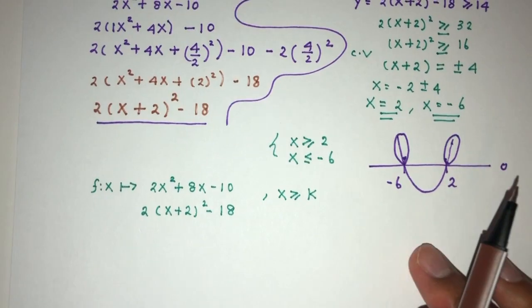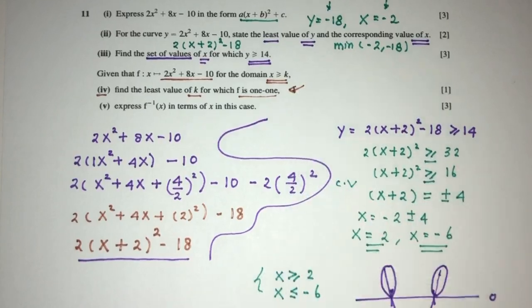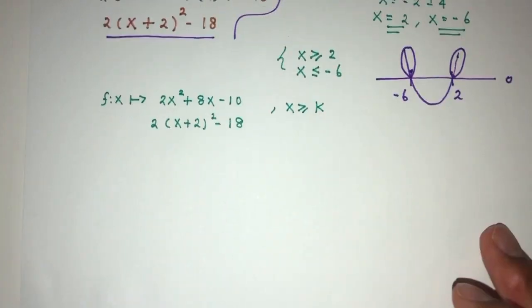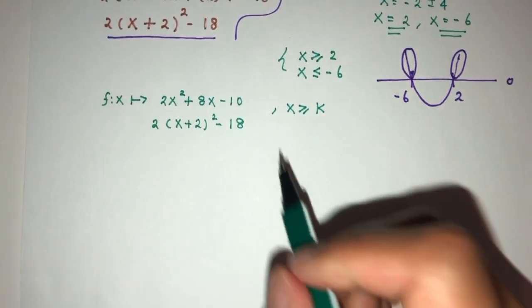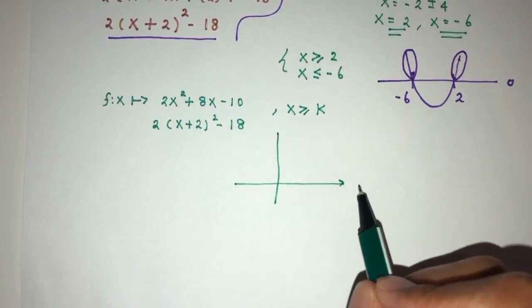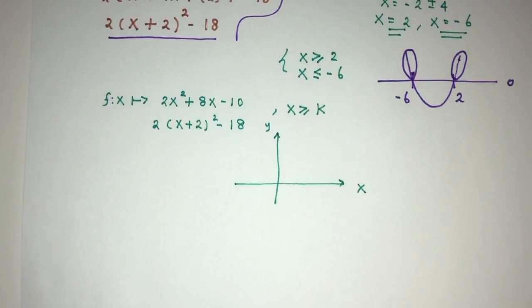Now, we want the value of k such that it is a one-to-one function. So to understand this, we must first understand how the graph looks like. For example, the sketch will look something like this. This is my x value and my y value. Now, let's have a look. Where is the minimum point?